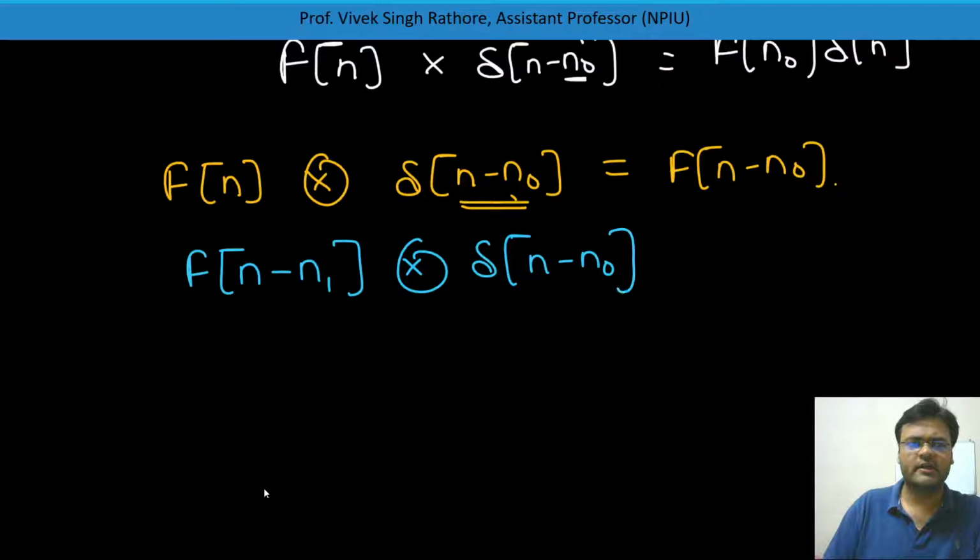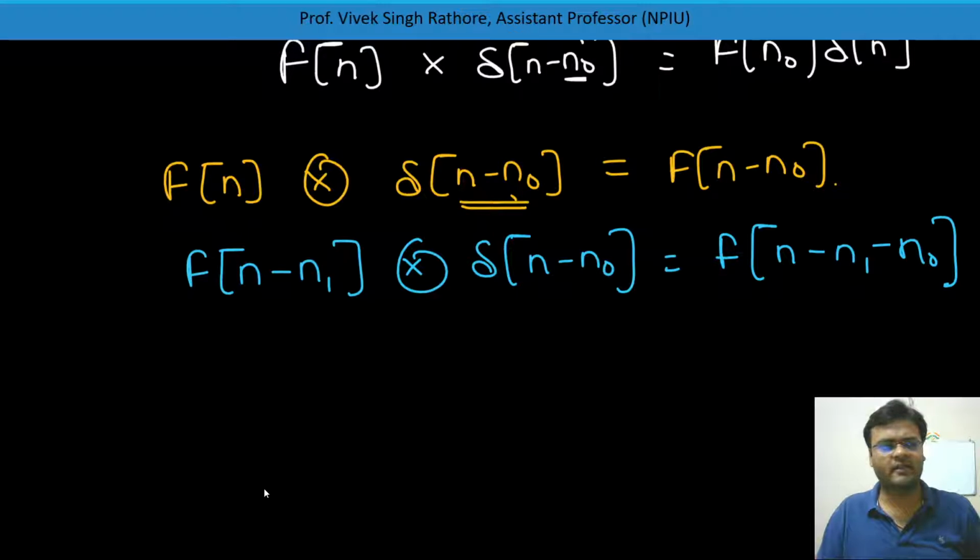Now f n minus n1 will be there, but you will subtract n naught also, because this value is also there. For n we are changing, n minus n naught is there, but minus n1 is also there.